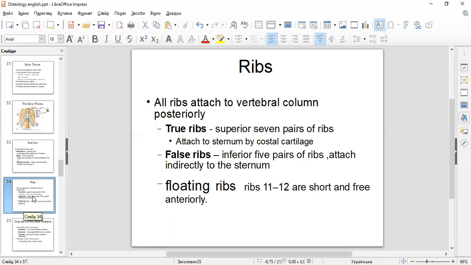False ribs are the inferior 5 pairs of ribs attached indirectly to the sternum. Floating ribs, or ribs number 11 and 12, are short and free anteriorly.